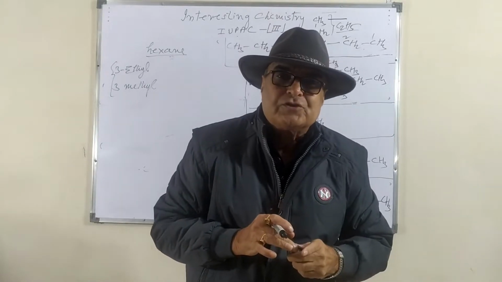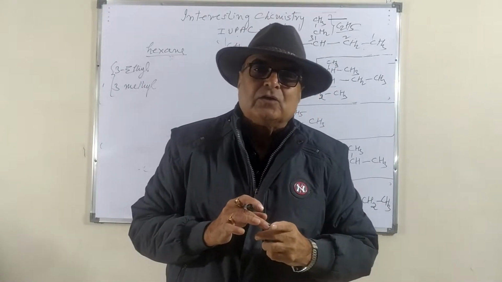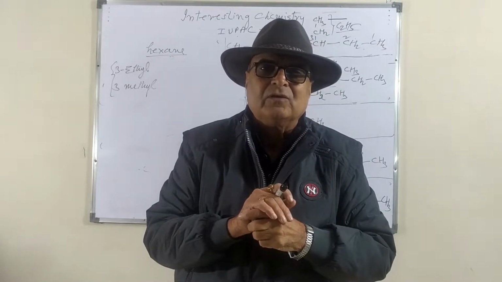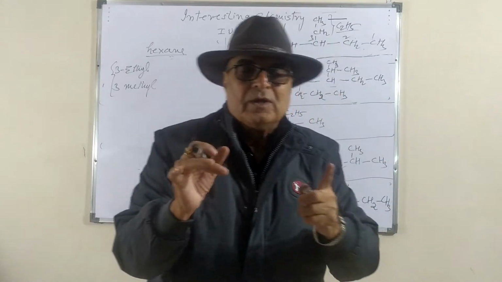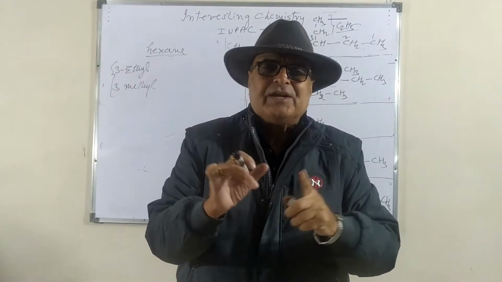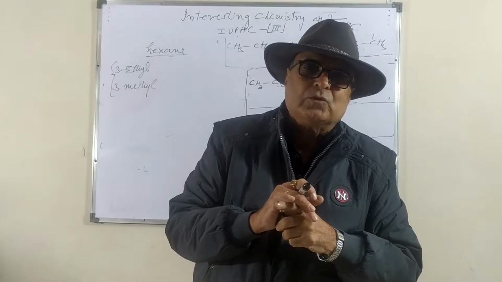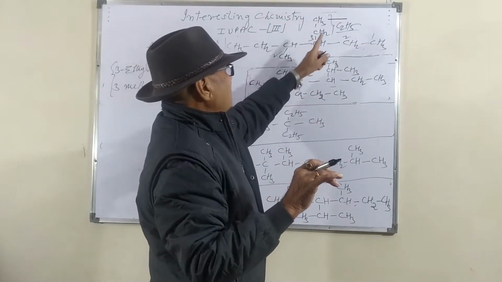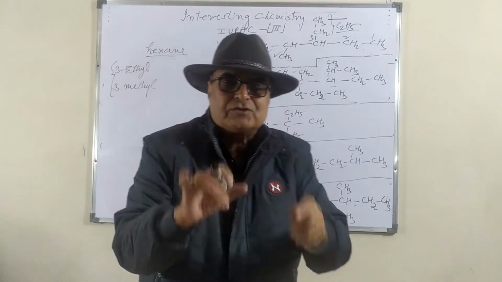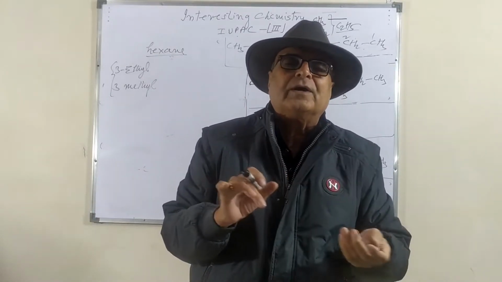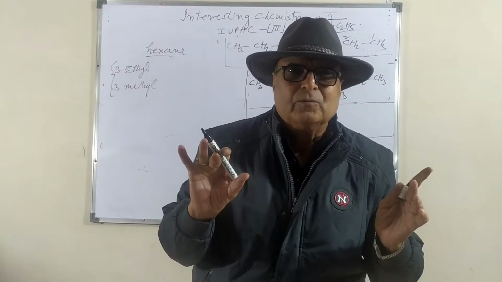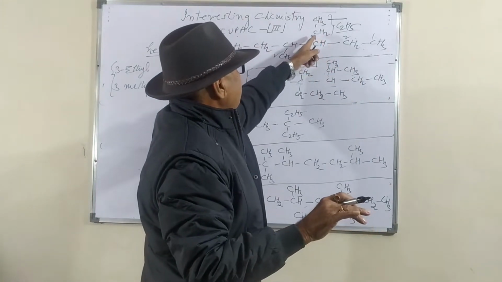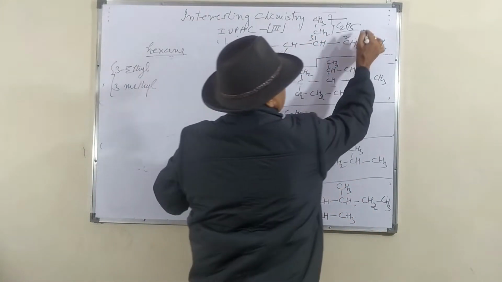So from which end do you start the numbering of the longest chain? Understand the IUPAC rule: the substituent group which comes first in alphabetical order will be preferred for the lower number. Here it is ethyl and methyl.